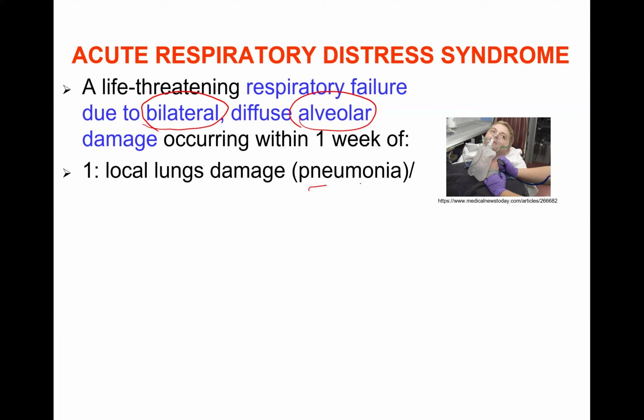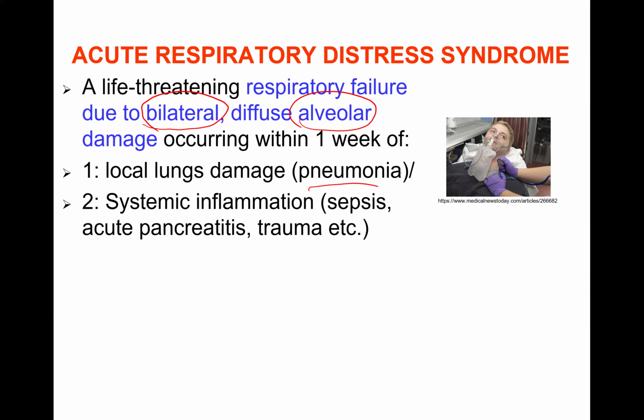For example, due to pneumonia; around 40% of ARDS cases suffer from pneumonia. Both lungs are damaged. Now the patient is suffering from severe dyspnea, which is not responding to oxygen therapy because alveoli are now filled with dead cells and protein-rich fluid.